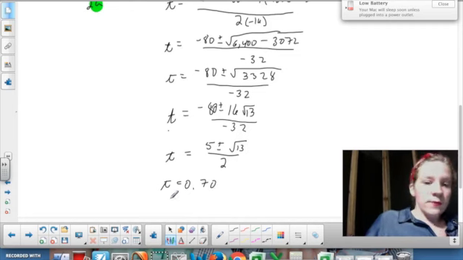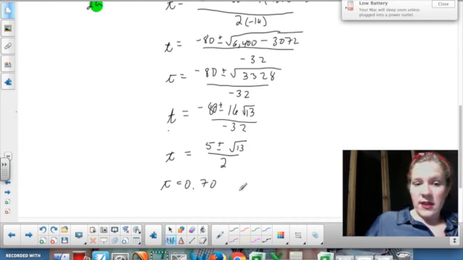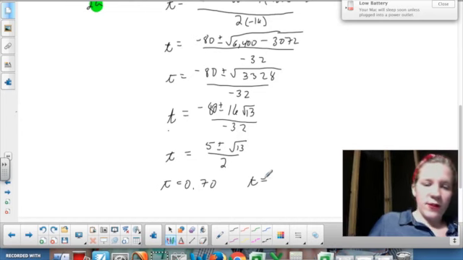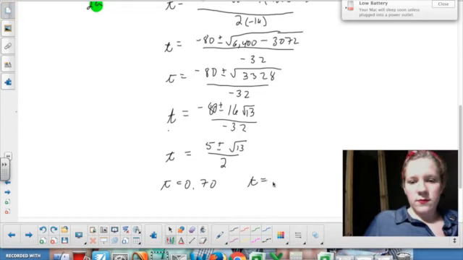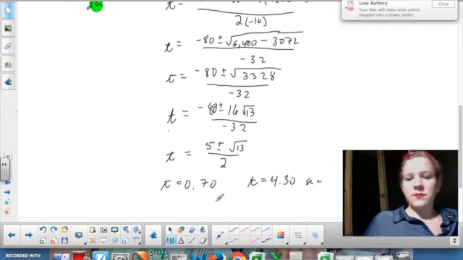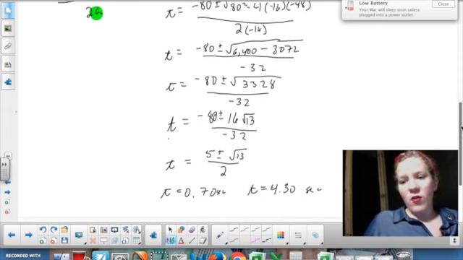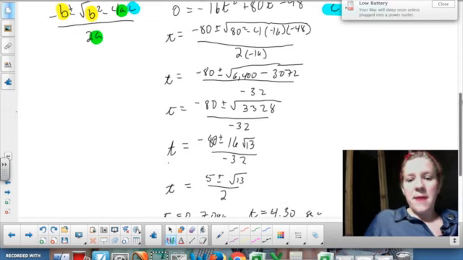That is for 5 minus the square root of 13. 5 plus the square root of 13 is 4.30 seconds.